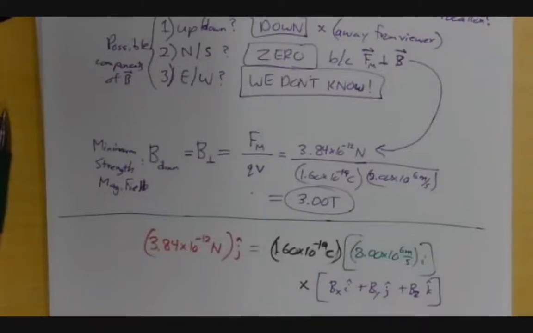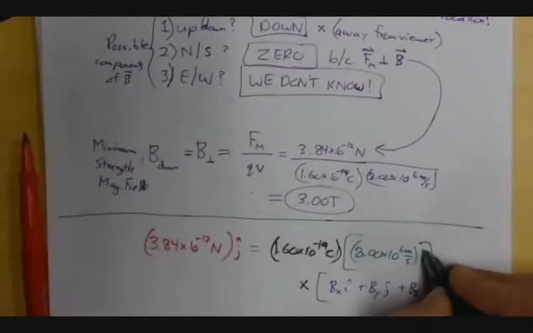Right off, one of these three B components drops out immediately. Which one? i hat cross i hat is 0. So whether there's a positive, negative, big, strong, or zero Bx, it's not going to survive this cross product. All that's going to survive are components perpendicular to i hat.